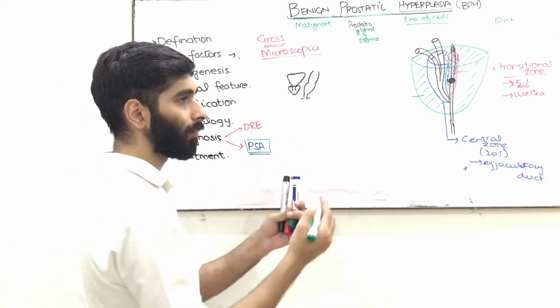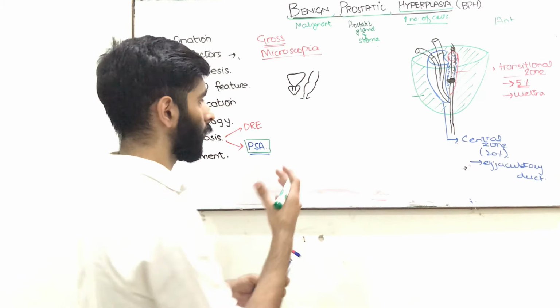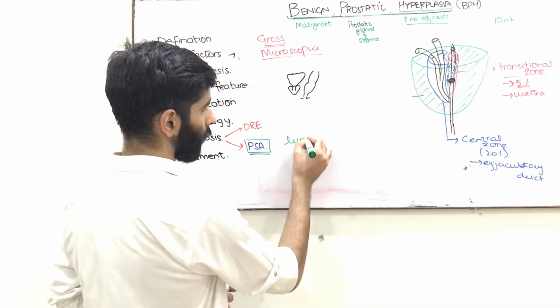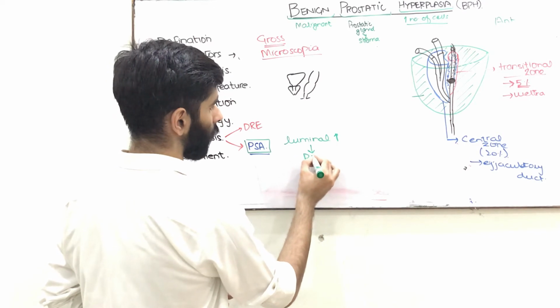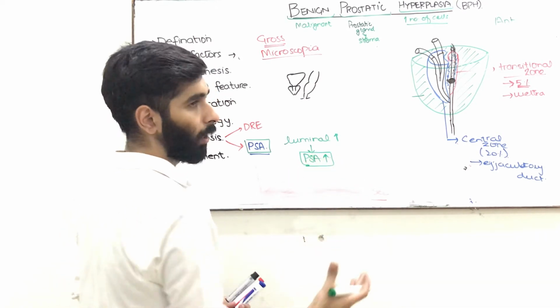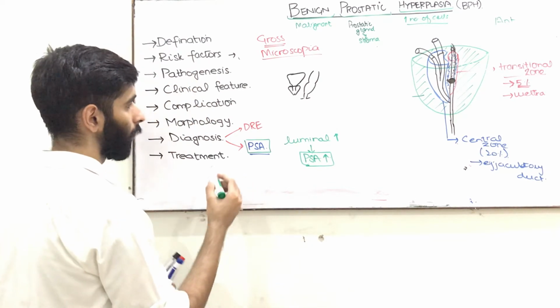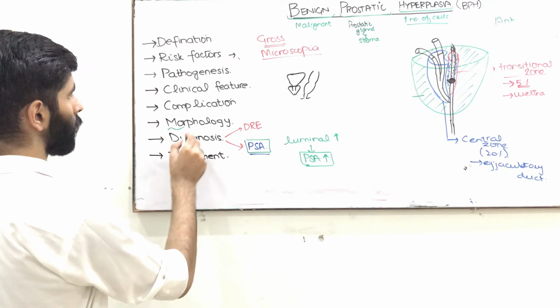As there is a proliferation of these luminal cells, as the number of luminal cells has increased, the production of PSA is also increased. So an increased serum level of PSA can be seen, and after biopsy you can see the various morphological features as I already mentioned.